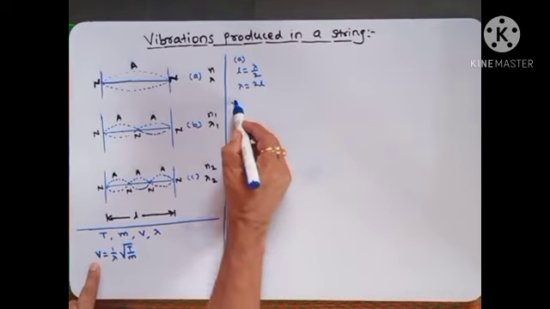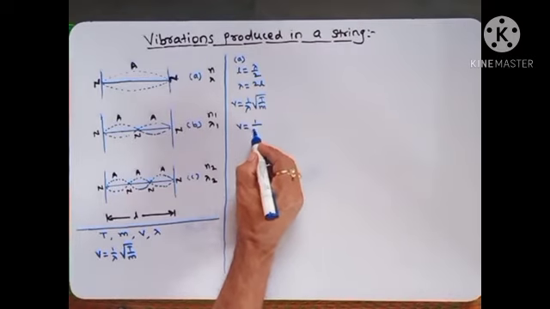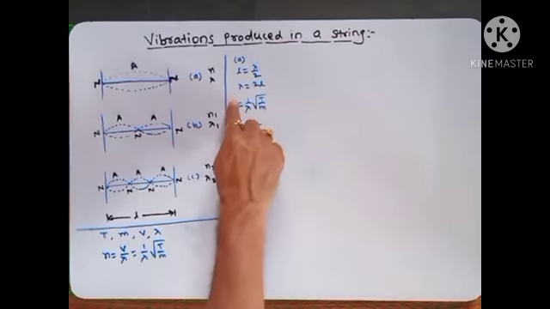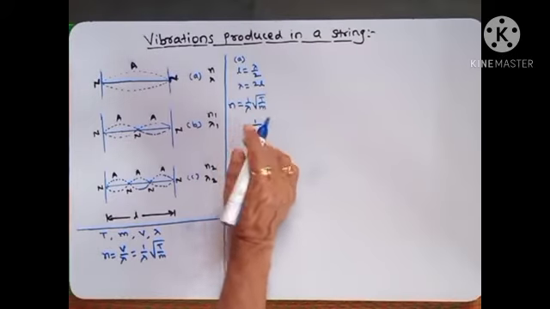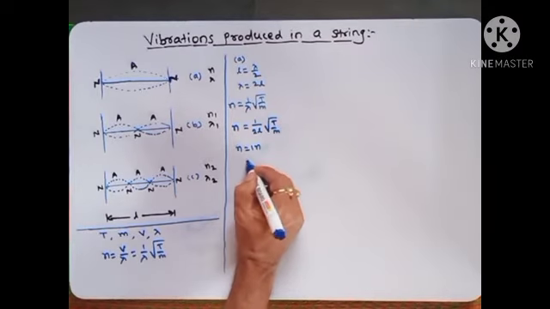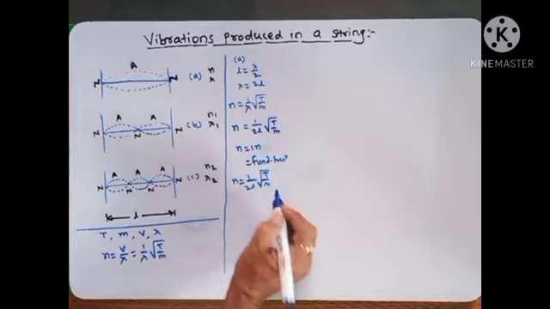Now you know this relation, V is equal to 1 by lambda root T by M. Then N equal to V by lambda, and V equal to root T by M. So N equal to 1 by lambda root T by M, or N equal to 1 by 2L root T by M. This frequency we call the fundamental frequency, N equal to 1 by 2L root T by M. This is the fundamental frequency.